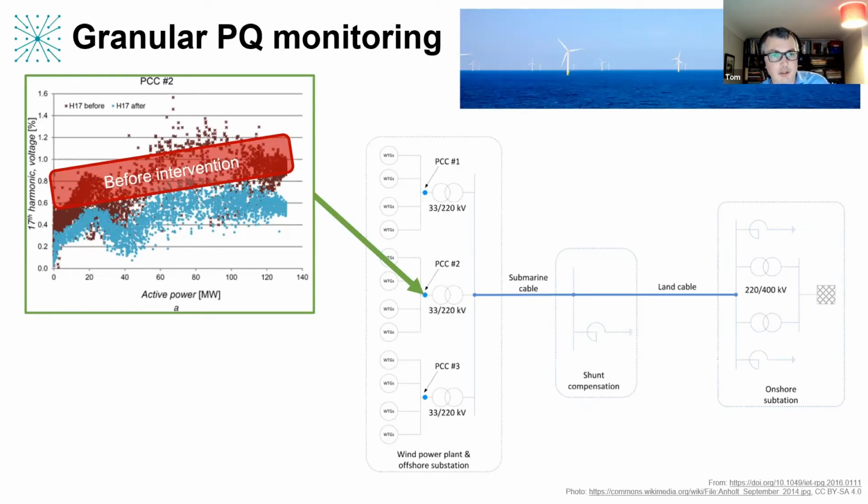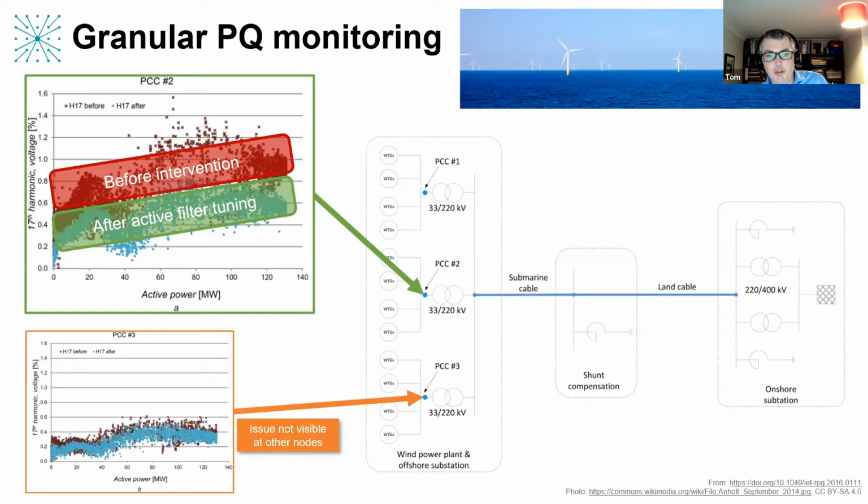So before intervention, you can see it's quite a wide spread, and then they were able to solve this using active filter tuning. But what's really worth noting is at another point you didn't have this problem with the 17th harmonic. So this really illustrates the need for doing synchronous granular power quality monitoring.